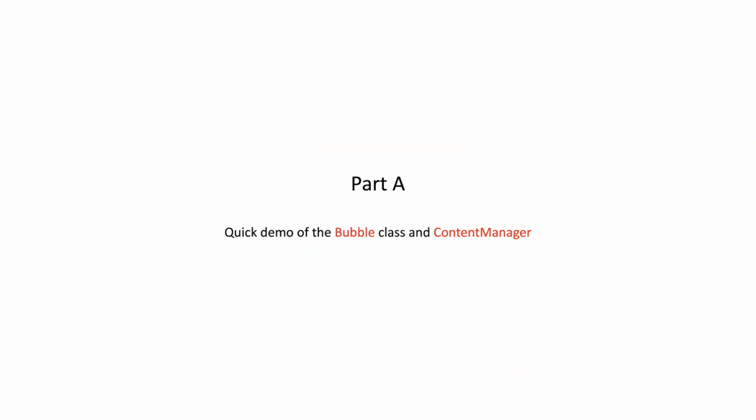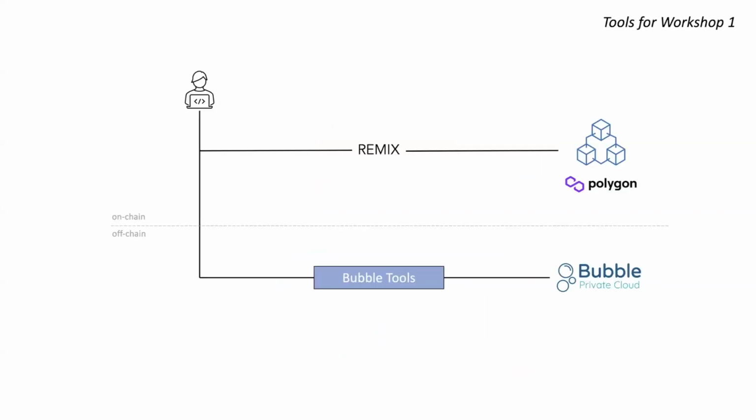So let's get cracking on with part A. Again, in workshop 1, these are the tools that we used. We used Remix to deploy our contract to the Polygon blockchain. And we used Bubble Tools command line to play around with the off-chain bubble. And we stored our bubble on the Bubble private cloud, which is a cloud-based bubble server.